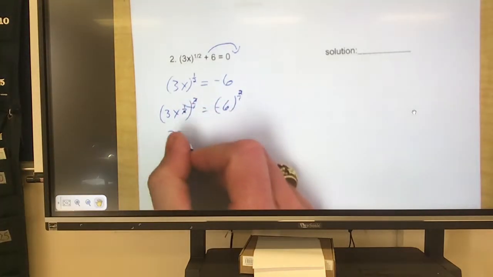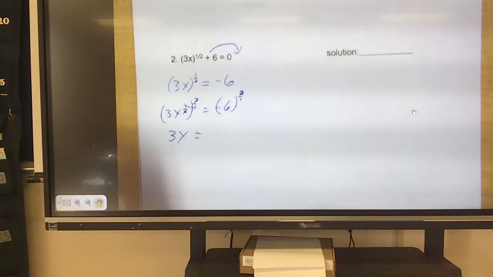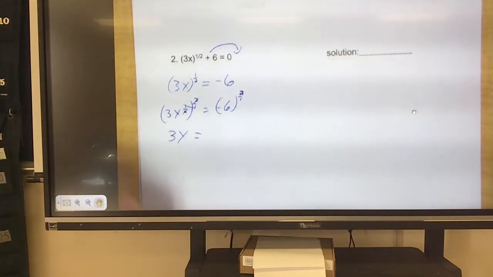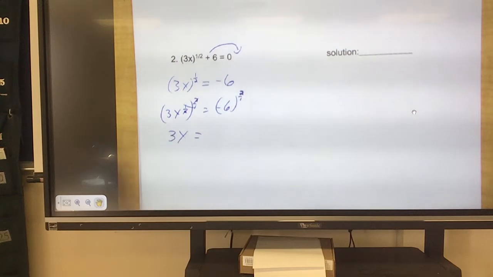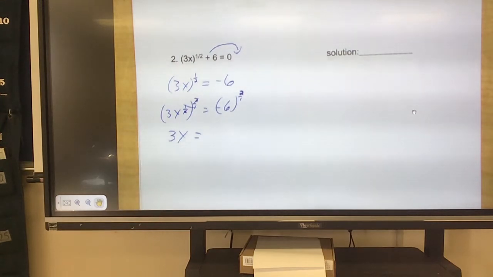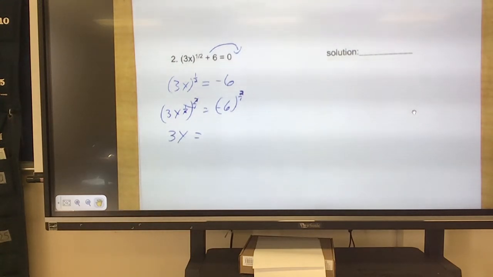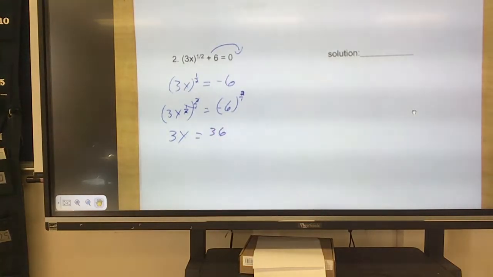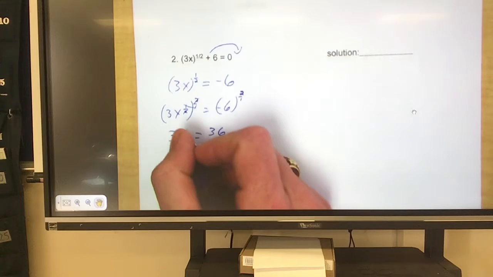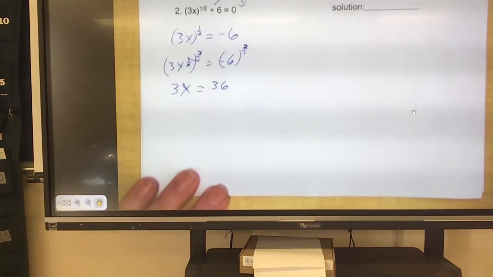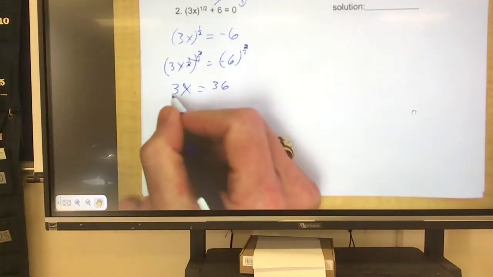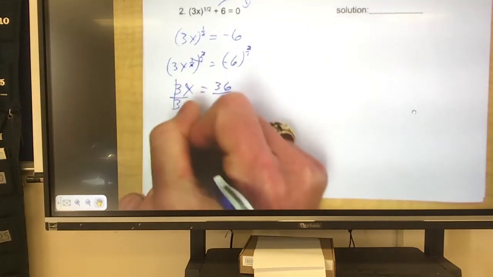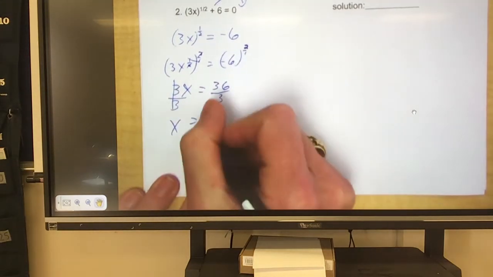That leaves me 3x equals -6 raised to the 2 power, which we know is 36. So I have 3x equals 36. Now we're solving for x, so in order to get rid of that 3, it's being multiplied, I have to divide by 3. X equals 36 divided by 3 is 12.